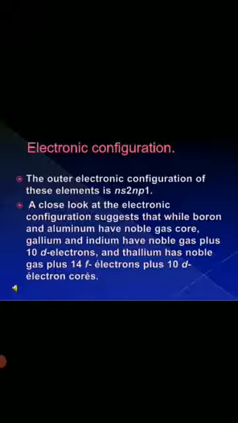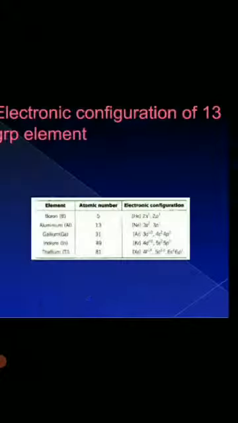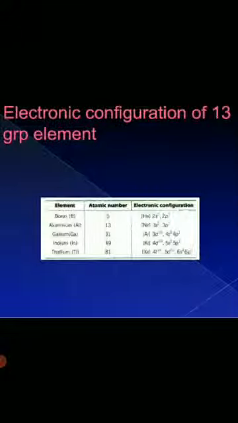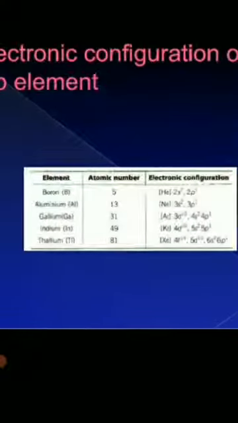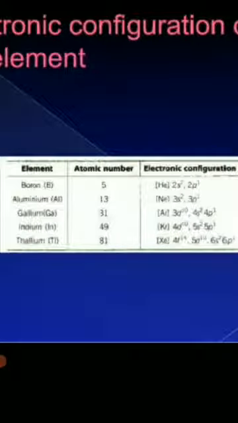So just have a look at the electronic configuration of the elements of group 13. Boron, atomic number 5, helium 2s2 2p1. Here we have written the condensed electronic configuration. Aluminium, neon 3s2 3p1.